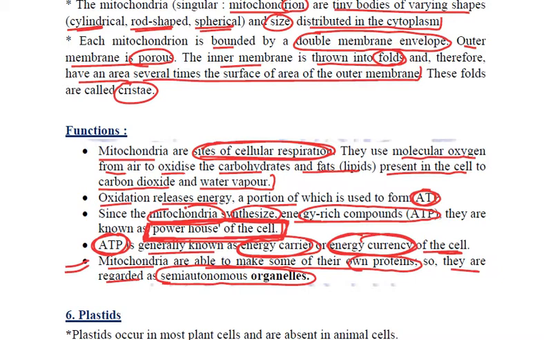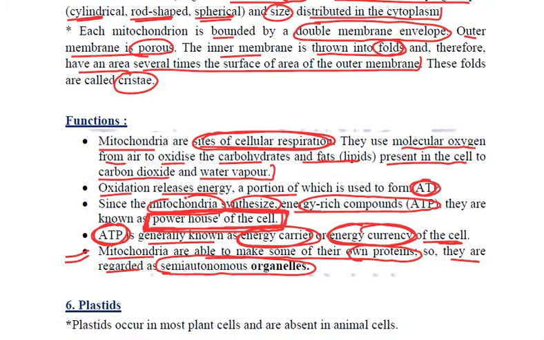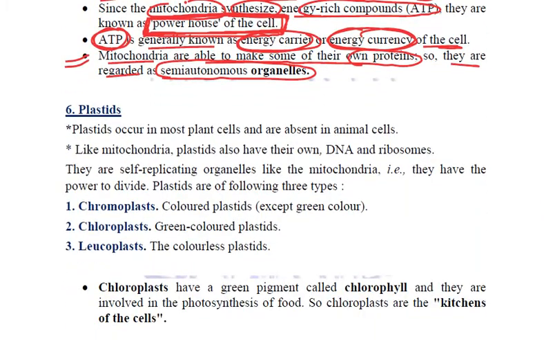ATP is adenosine triphosphate. This is also known as energy carrier or energy currency of the cell. And very importantly, mitochondria are one of those cell organelles which have got their own genetic material. Clear? So this is all about very important cell organelle, that is mitochondrion.